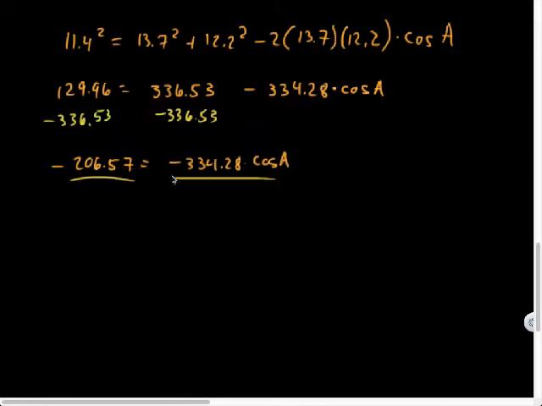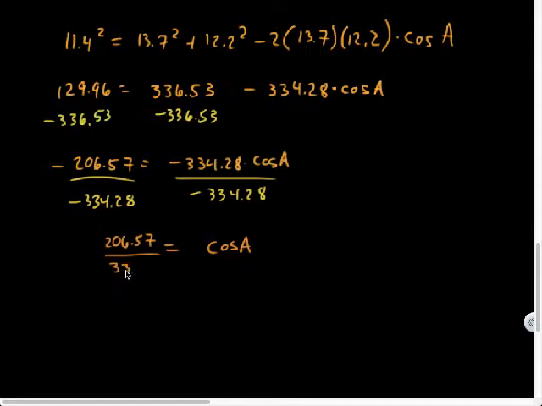The negatives are going to cancel out here. So negative 334.28 over negative 334.28. And I'll get cosine A is equal to this ratio. Those minus signs cancel out. So let's say I just leave it like this for now.